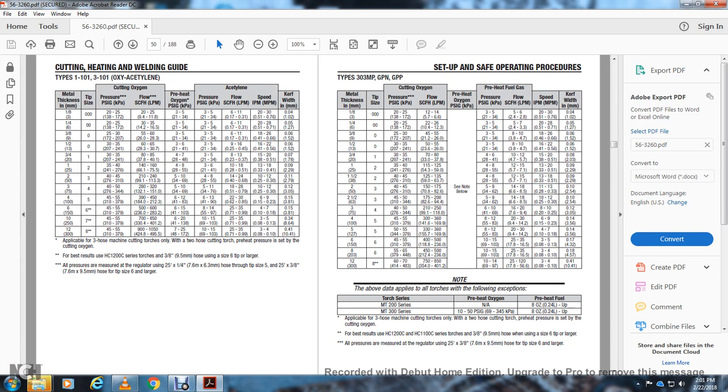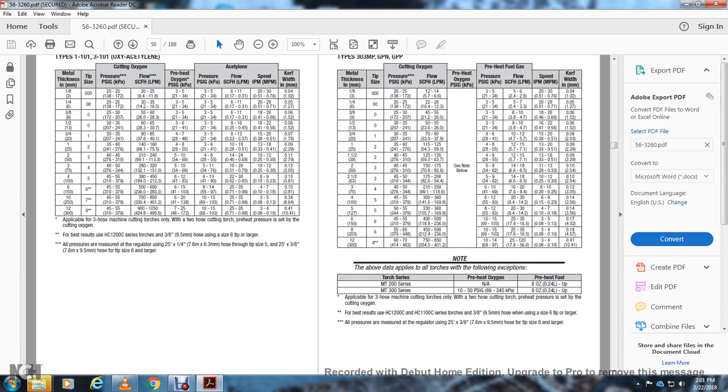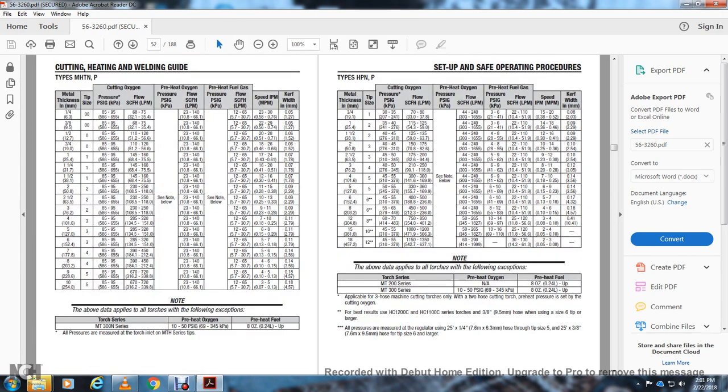Type 30M, 303 MP, GPN, and GPB: minimum thickness, tip size, cutting oxygen PSI gauge, flow SCFH, preheating oxygen PSI gauge, preheating fuel gas pressure PSI gauge, flow SCFH, speed IPM, curve width in inches. Note that the above data applies to all torches with the following exceptions: torches M2300 series and MT300 series.